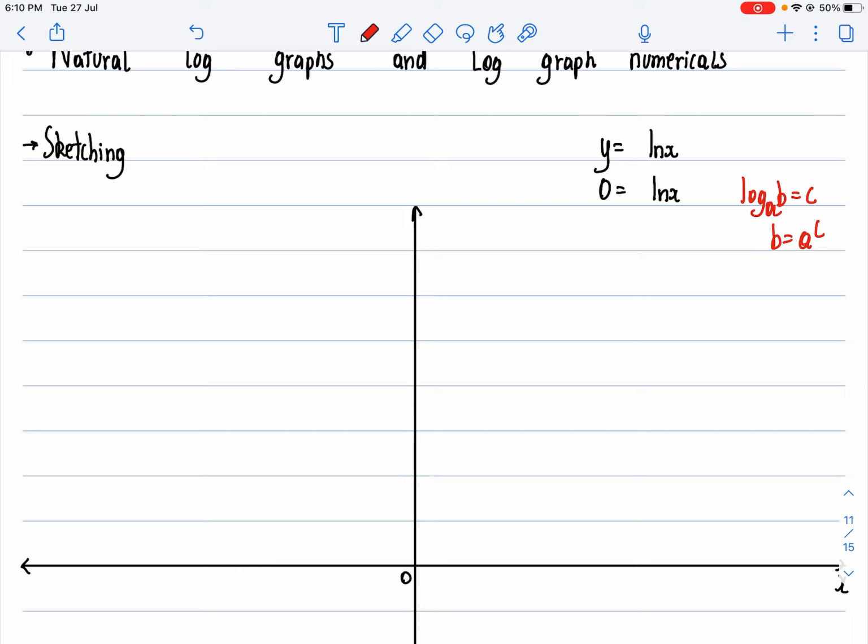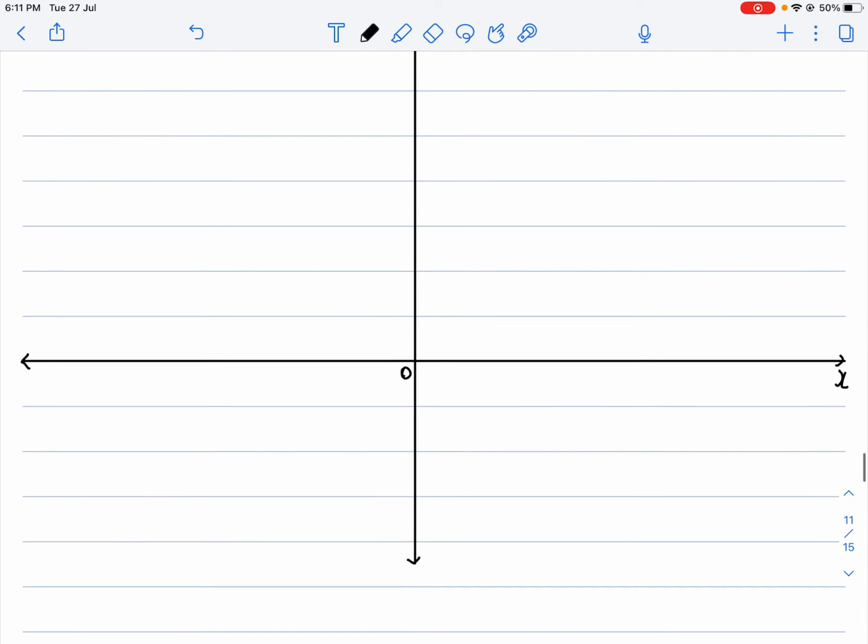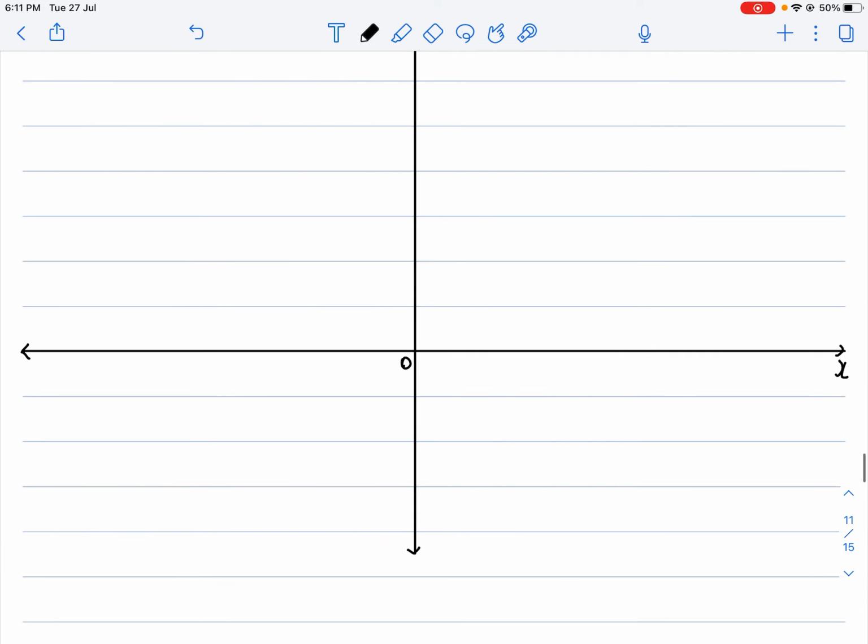We learned this log property in the previous video. So I can simply write this as x equals e raised to 0, as the base of ln is e. So e raised to 0 is basically 1. So y equals ln x crosses the x-axis at 1.